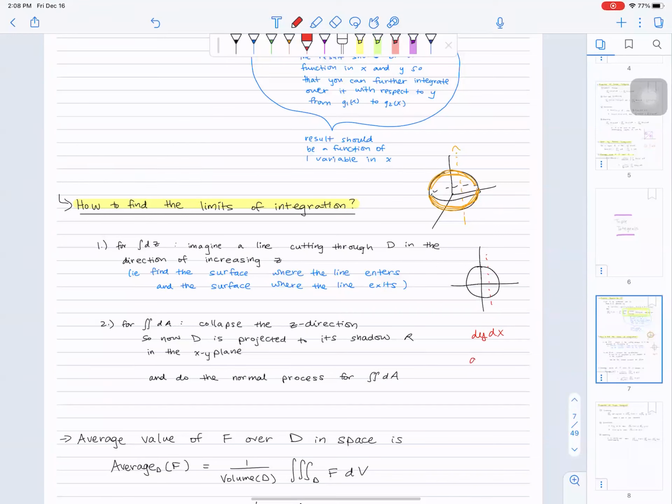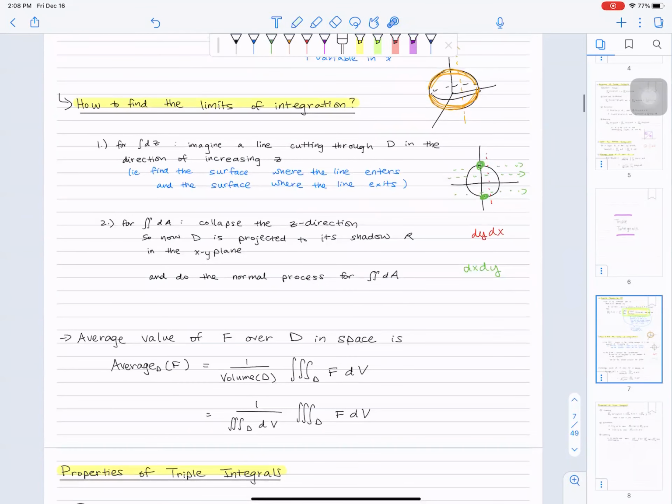Or if I wanted to do dx dy, I would draw a line in the increasing x direction first. Whatever curve it enters, that's my lower bound. Whatever curve it exits, that's my upper bound. Then out of all those possible lines I draw in the increasing x direction, the smallest y value would be my lower bound and the largest y value would be my upper bound.